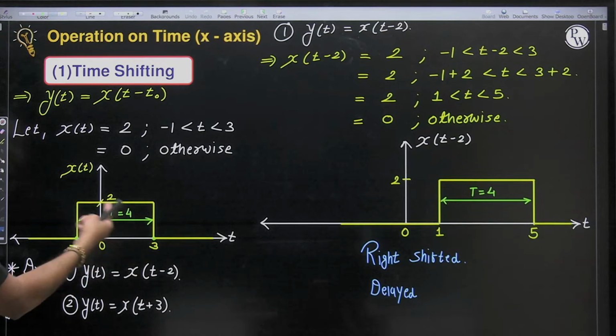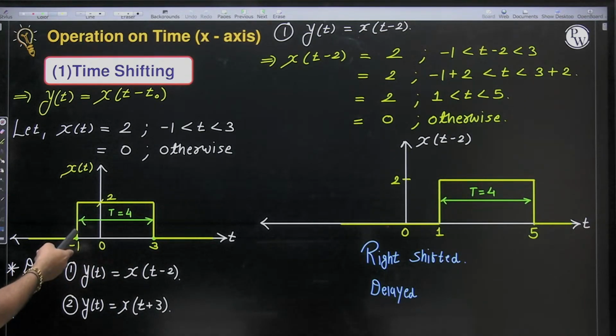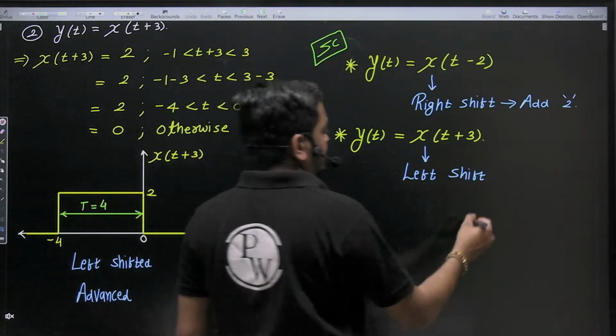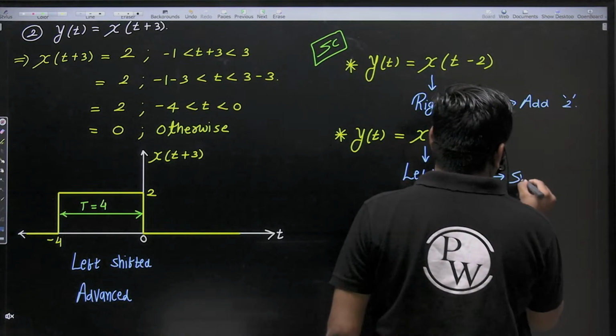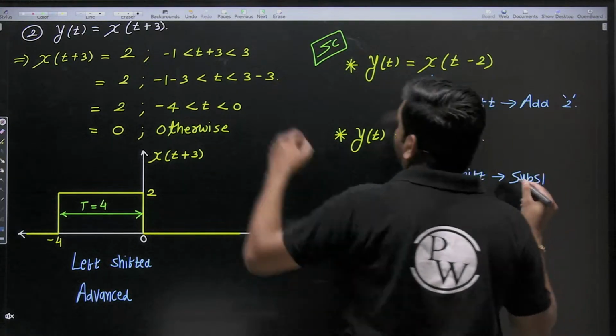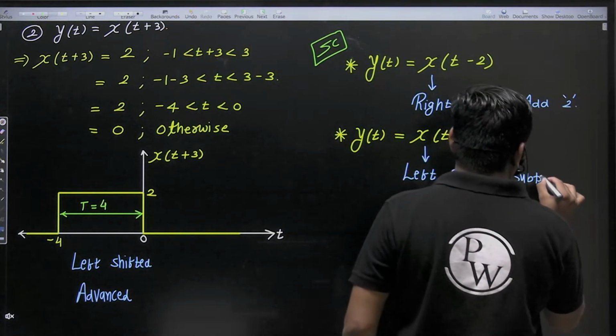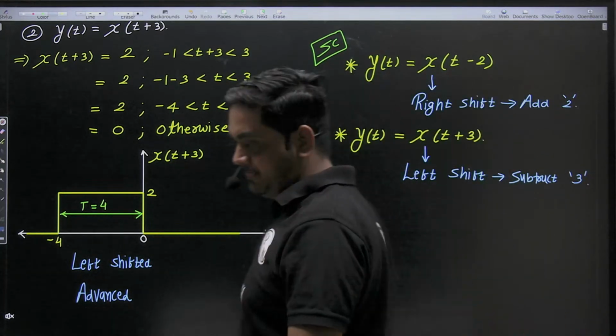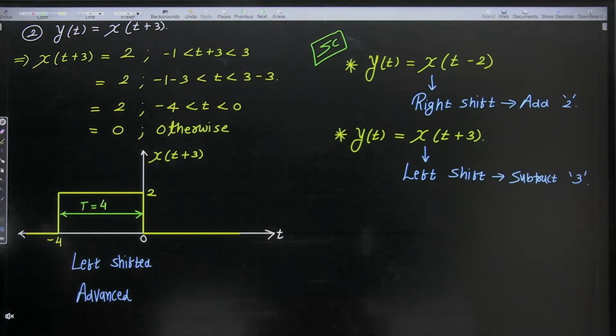Subtract 3 from here, from here, from here. Then it goes to the left side. Correct? Left side means subtraction. This is the simple shortcut that you can use.